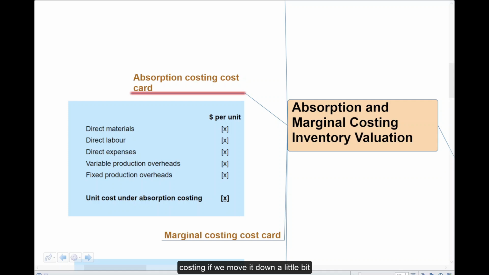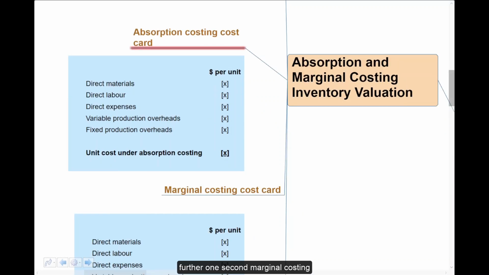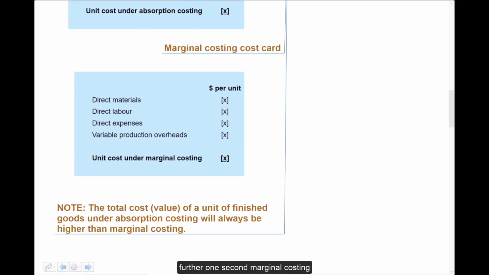If we move it down a little bit further, marginal costing, again exactly what we expect. All the prime costs, but note, no fixed production overheads, okay? Now, just take a quick look at the note there. The total cost of a unit of finished goods under absorption costing will always be higher than on marginal costing. It has to be for the reasons that we've described, okay?